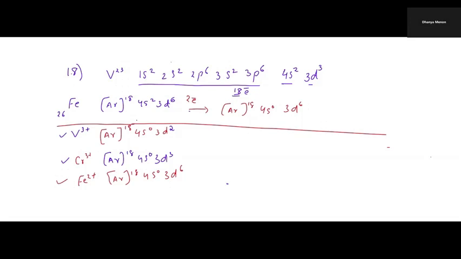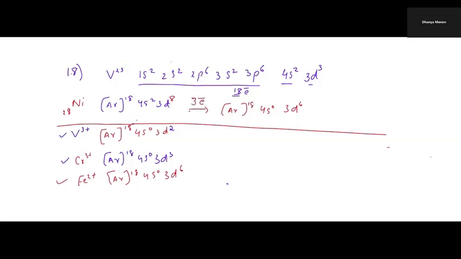Now we are left with one more, which is nickel. Nickel, the atomic number is 28. So we write down the configuration as 4s2, 3d8. 18 plus 2, 20, 28. Now, nickel is 3 plus, so that means 3 electrons are lost.